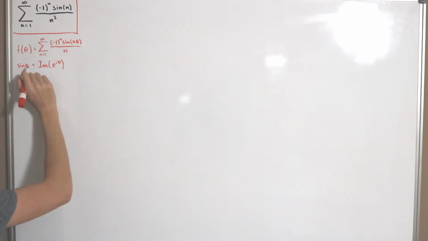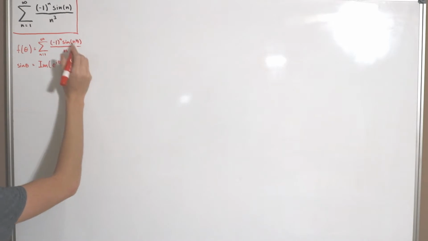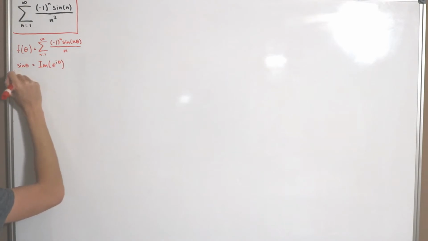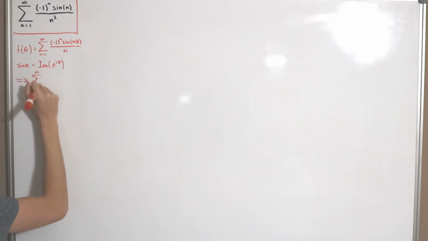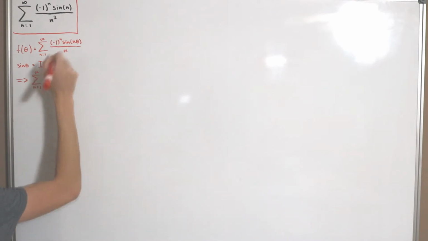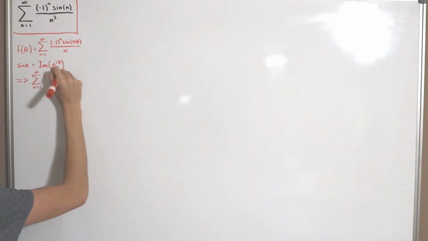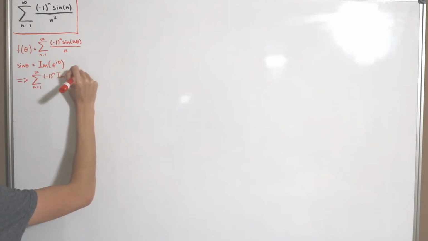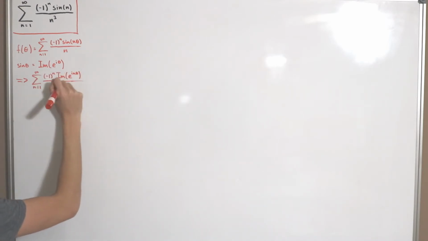So we're going to use this substitution, however we have n times theta as our input, so let's rewrite our infinite series again. This is (-1)^n multiplied by the imaginary part of e to the power i times n times theta, then divided by n.